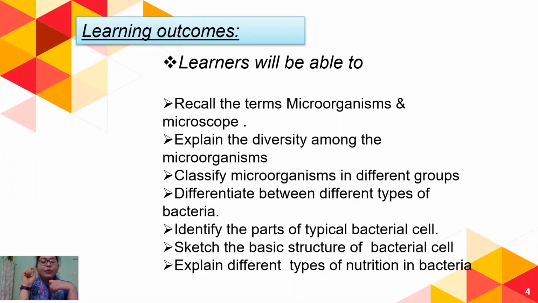We will be able to sketch the basic structure of a bacterial cell, and explain different types of nutrition in bacteria. All these points we will learn today by the end of this session.